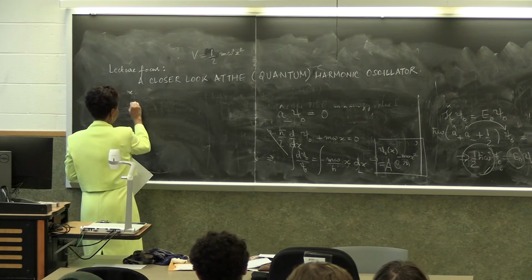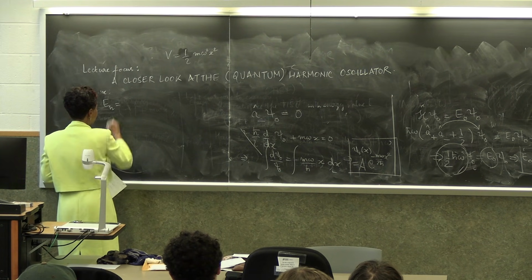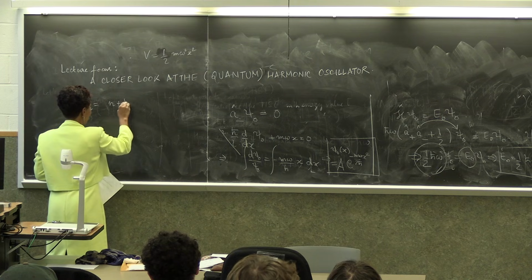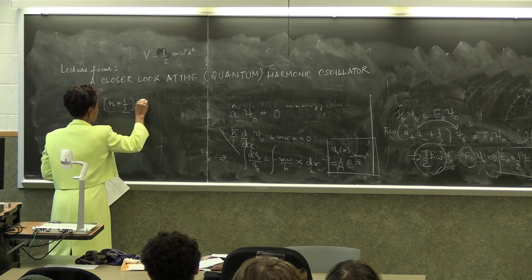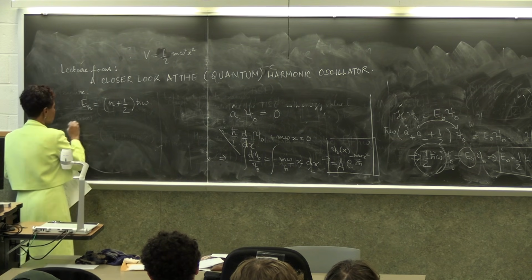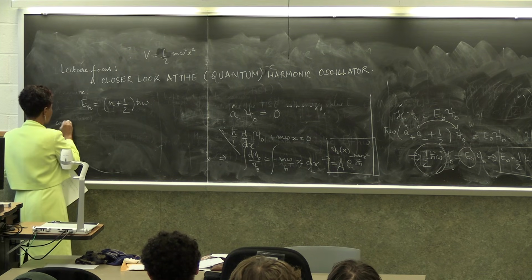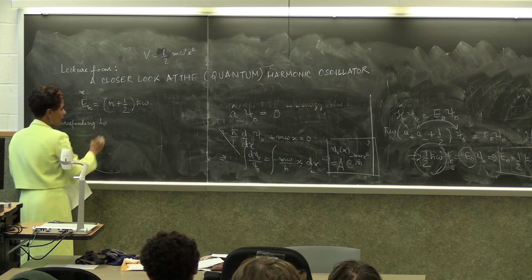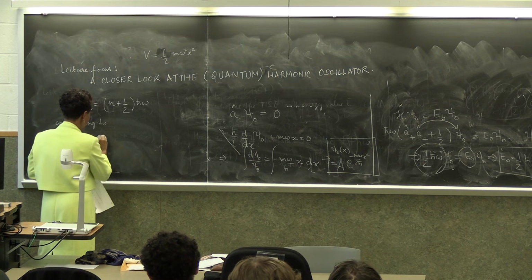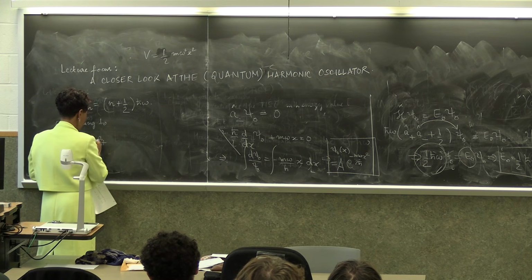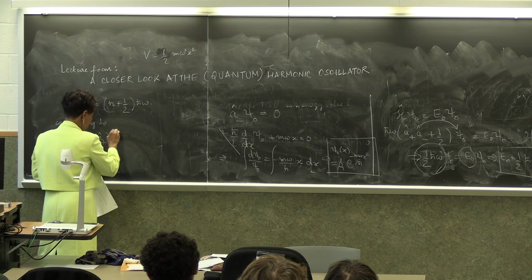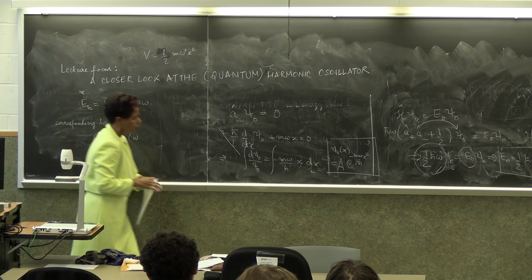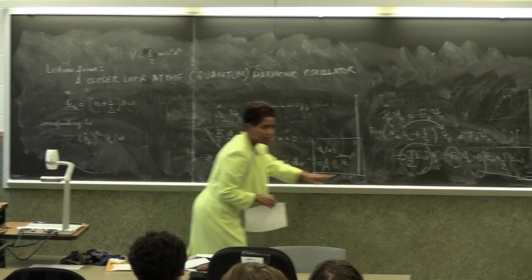You end up with, as you can directly read off from our ladder picture, E n is (n plus half) h bar omega, corresponding to n applications of the raising operator to psi naught, for which we have an explicit formula.